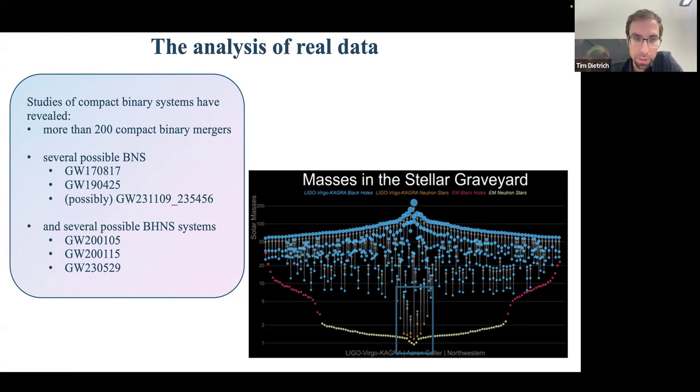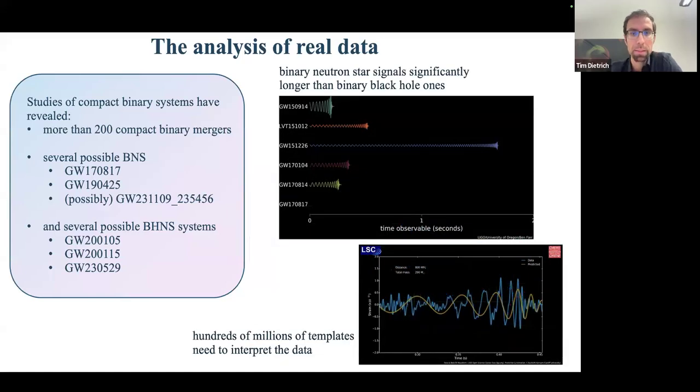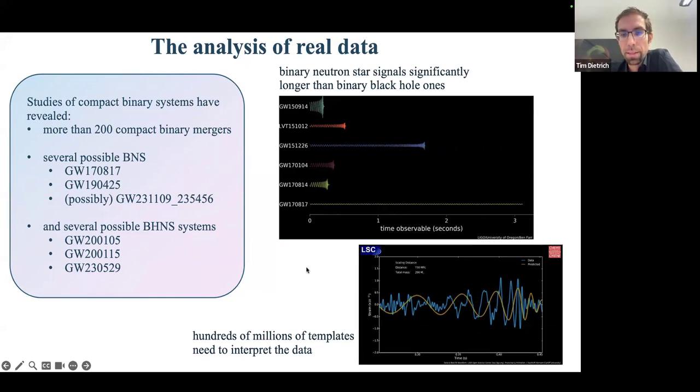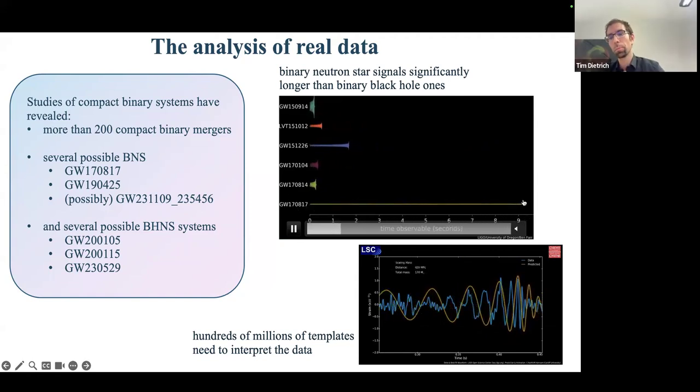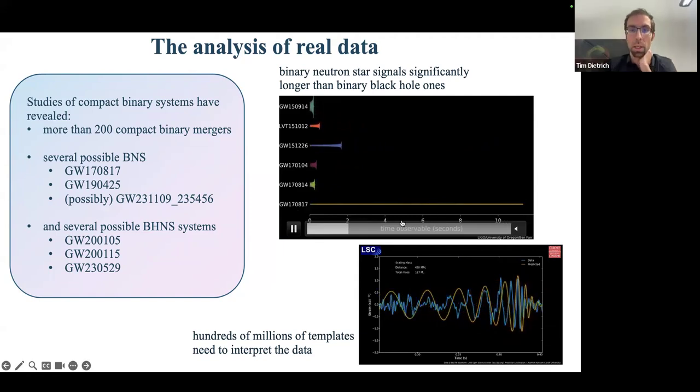But this is where we stand now, and the main issue to motivate why waveform models are needed is, on the one hand, that if we analyze these kinds of systems and we look at the first binary neutron star merger event, which was observed for a minute or even up to 2 minutes, we see already the issue that it's significantly longer because of the lower mass compared to binary black hole mergers.